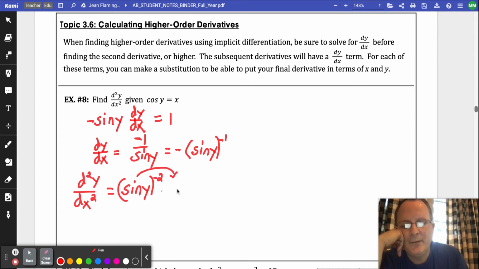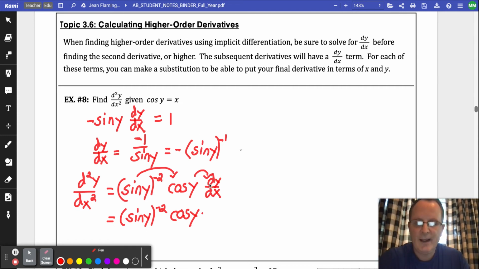The derivative of sine is cosine, and then the derivative of y is dy dx. Okay, which is fine. So then you end up with sine y to the negative 2, which we can send to the bottom, we'll do that in a second, cosine y. And then this substitution.